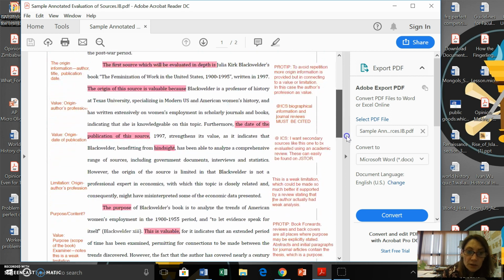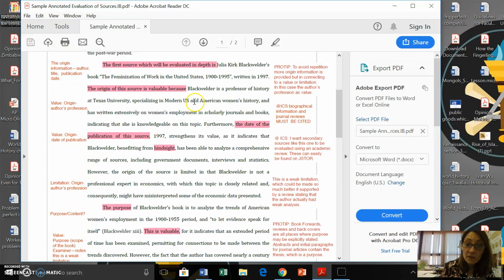The very first source that the student is going to look at is Julia Kirk Blackwelder's book, The Feminization of Work in the United States, written in 1997. The origin of this source is valuable because, so this student already is connecting origin, and she's listed the origin, so we have the name of the book, but why is it valuable?